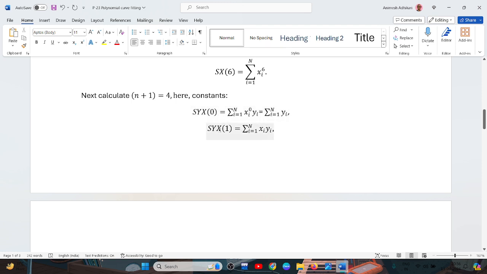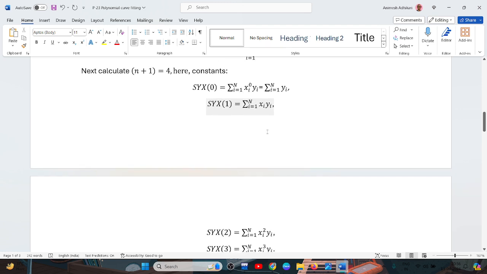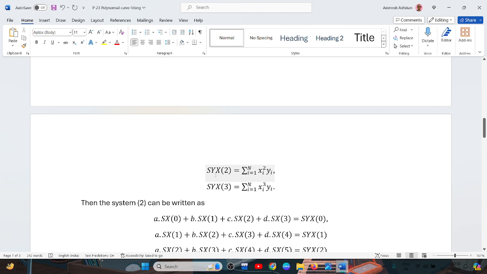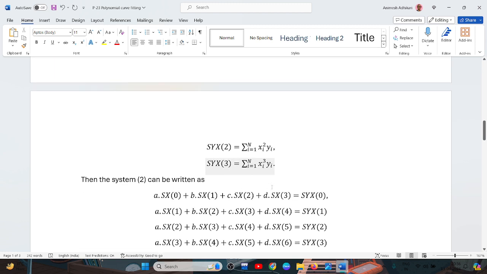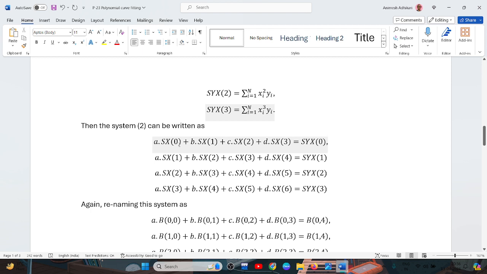Syx1 equal to summation xy. Syx2, summation x square y. Syx3 equal to summation x cube y. So the above system can be written as a into Sx0, b into Sx1, c into Sx2, d into Sx3, and so on.